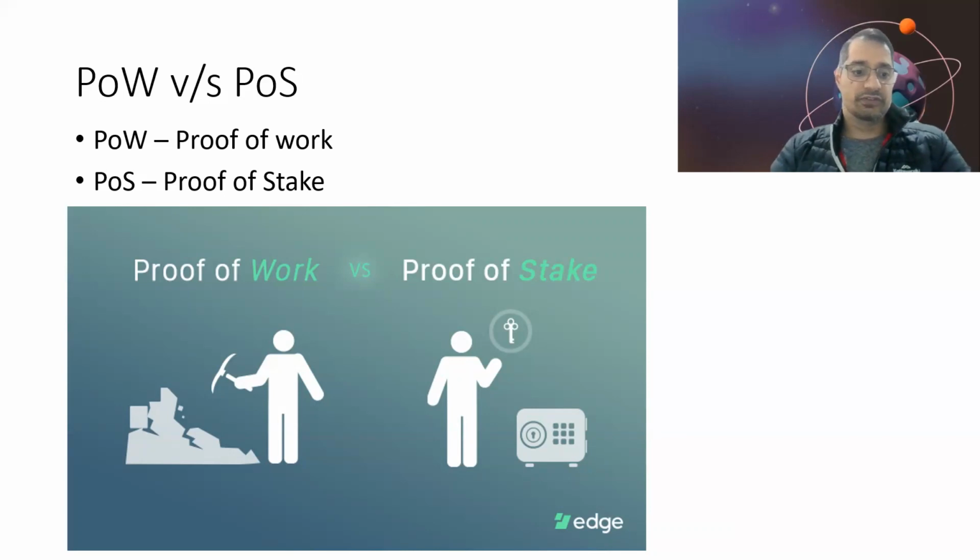If there is a misbehaving node or a misbehaving validator, the stake could be slashed. If they don't behave properly, their stake could be slashed. That is the proof of stake algorithm. Ethereum also is moving towards proof of stake because it is much more energy efficient, less wasteful, and very fast as compared to proof of work.